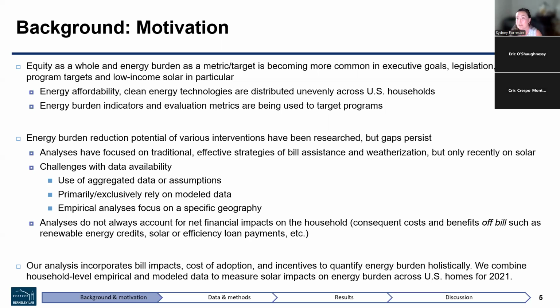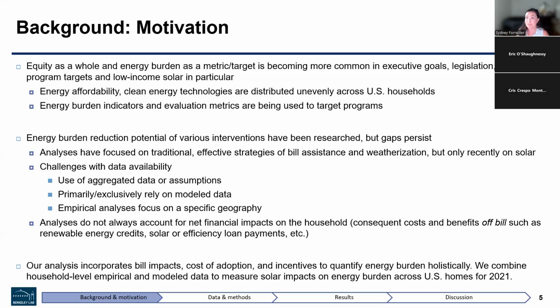An example of that is Justice40 at the federal level, which targets decreasing energy burden for homes in disadvantaged communities as a goal. Also, more specifically, a month ago the Solar for All awards were awarded, and that is likely to trickle down into using solar to reduce energy burden and increase energy affordability at the state level or even more local.